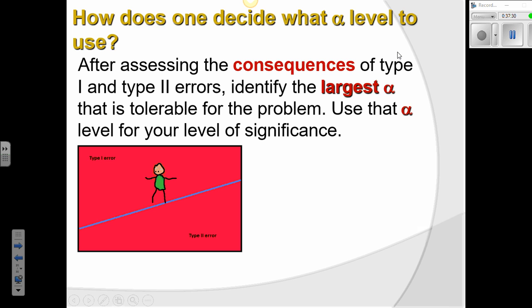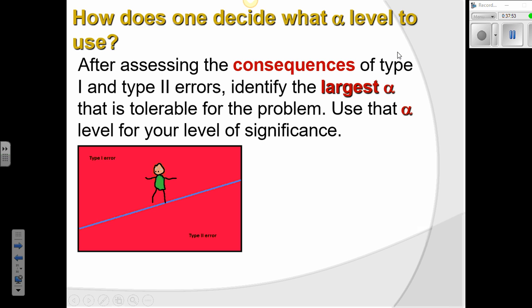So that's what you do to decide what alpha level that you should be using when you're doing a hypothesis test. So it is a fine line, and to help you decide what line you need to be on, you're going to use the scenario at hand and your type 1, 2 errors. Does that make sense? So hopefully now this answers the question of, why do we always use 0.05?